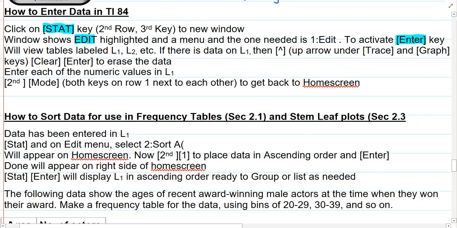If there is data on line 1, then up arrow under the trace and graph key. It's in the middle.